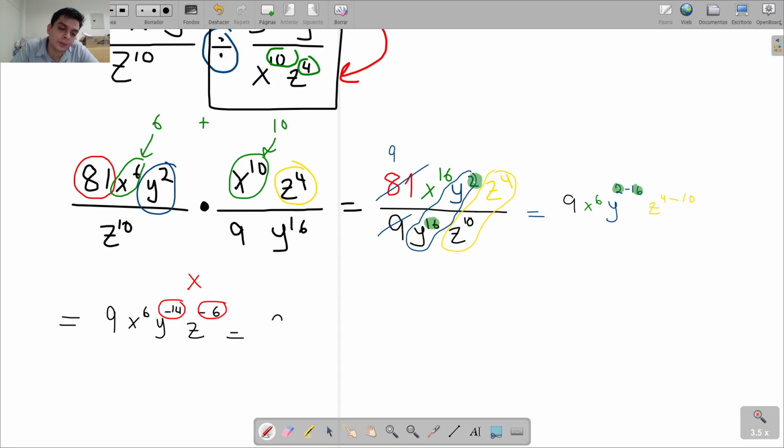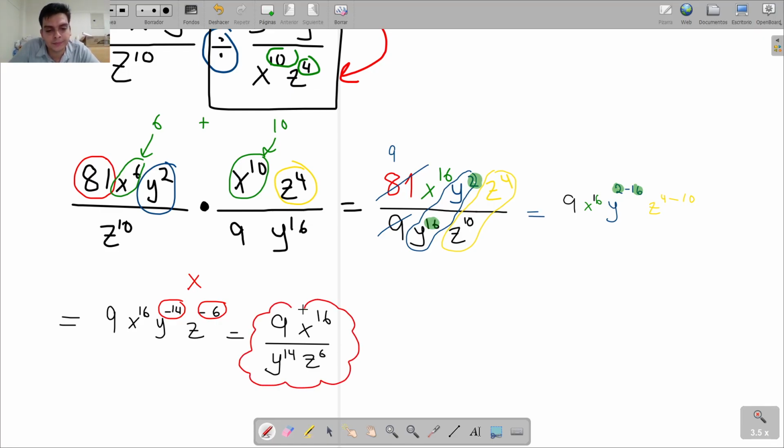So that's what we are going to do. We have x, this is 16, I'm so sorry, this is 16 as well. We have x to the power of 16 over y to the power of 14 times z to the power of 6. And we are done with the first exercise.